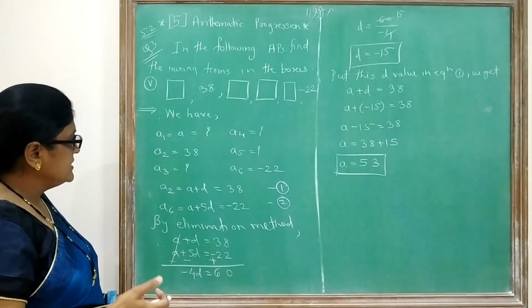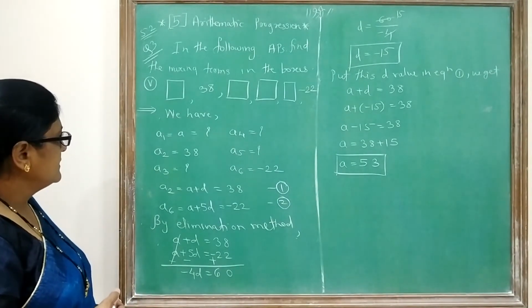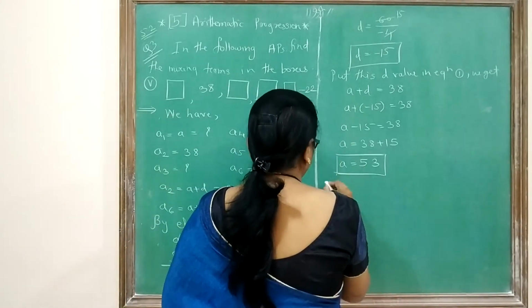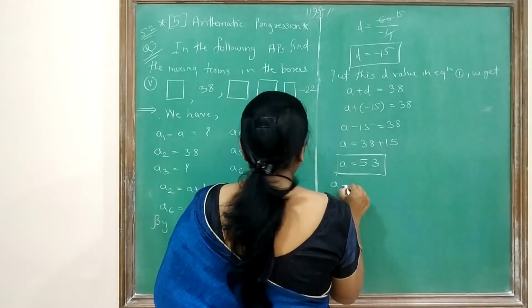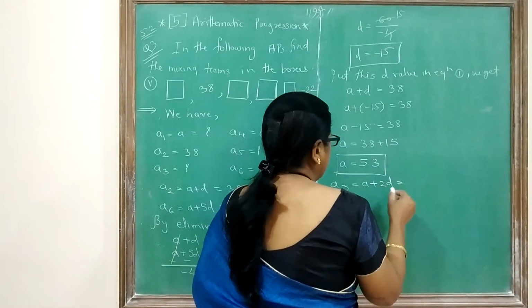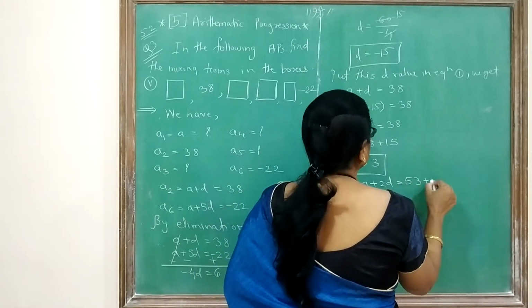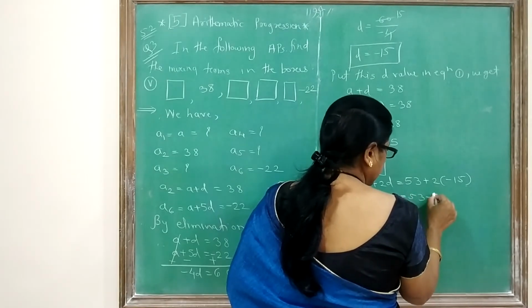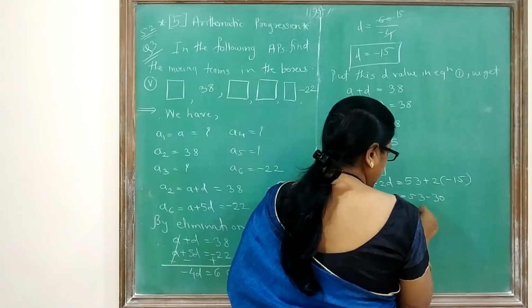Then you can easily find A3, A4 and A5. A3 is A plus 2D. Then put the values. A means 53 plus 2 into minus 15. That is 53 minus 30. Then you will get 23.